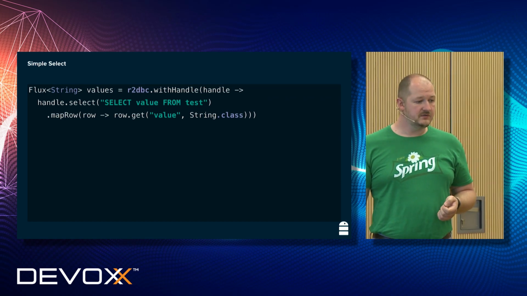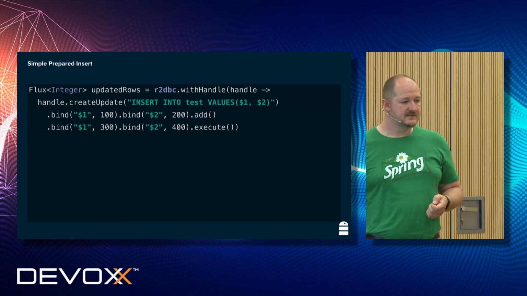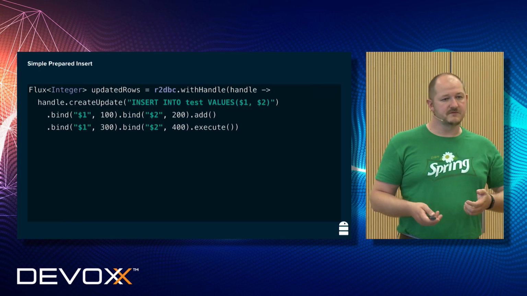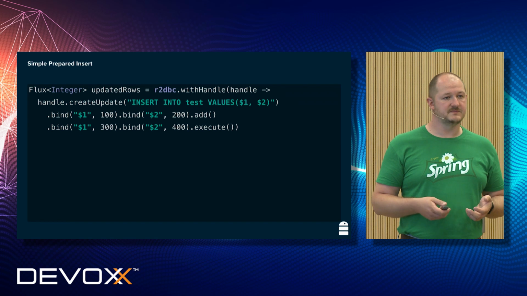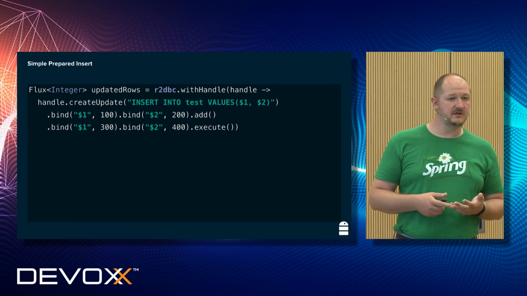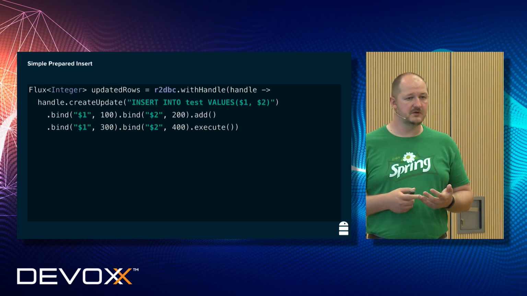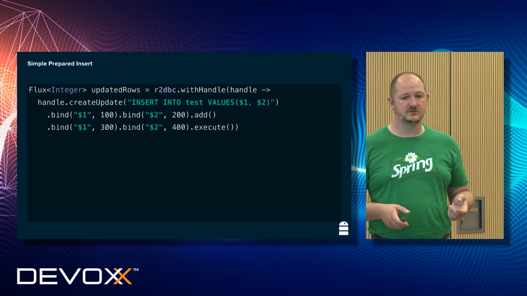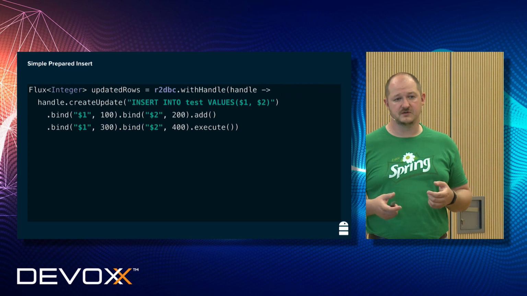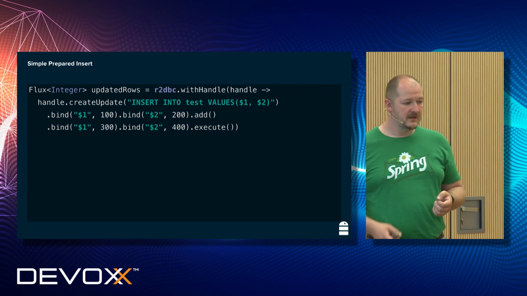Now, if we go into modifying statements, we have also thought about that. Let's provide a createUpdate method that accepts update statements: insert, update, delete. These things typically use bound parameters, because we want to insert data or modify it. We do not want to encode these parameters as strings, because as you know, this is one of the most common sources for security bugs.